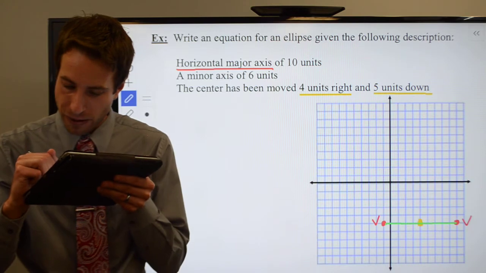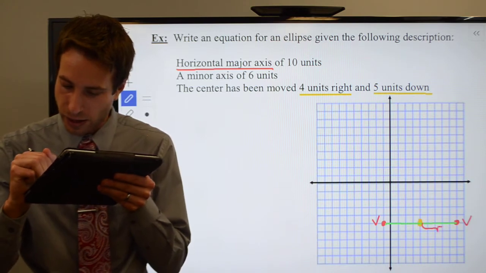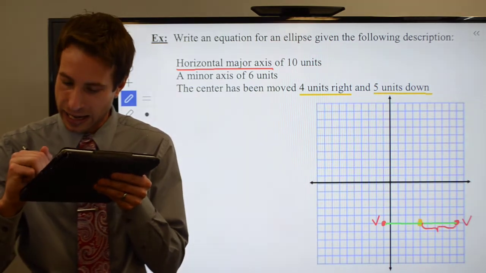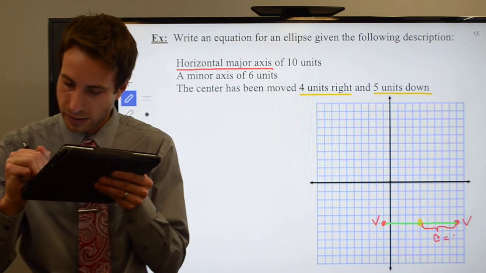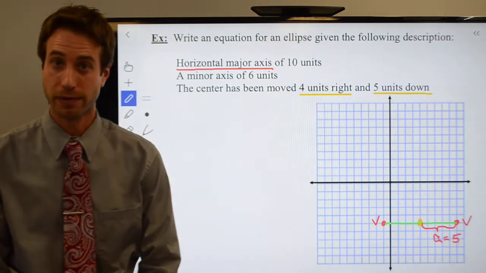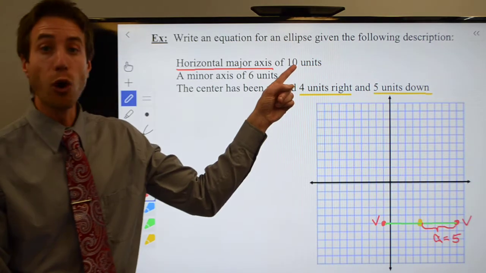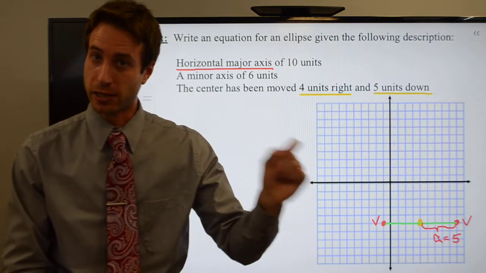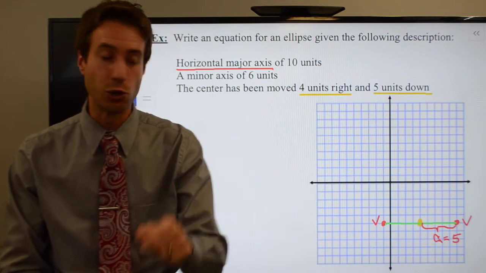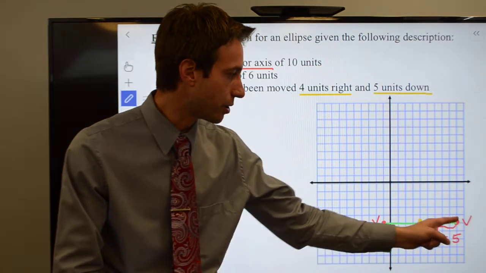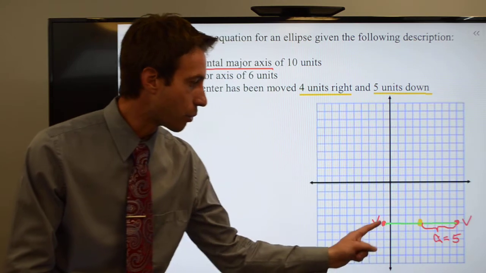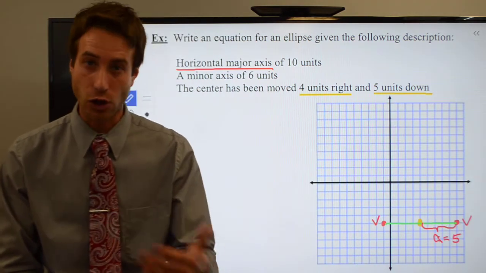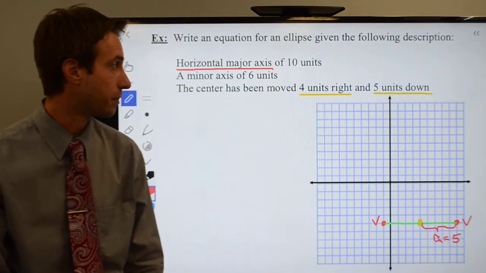And remember, the distance from the center to the vertex is A. In this case, that's 5, right? Careful. The total length is 10, but how far is it from the center to the vertex? That's the value of A, and the distance from the center to the vertex is 5. Again, it doesn't matter which direction you measure because distance is always the absolute value. It's always a positive number.